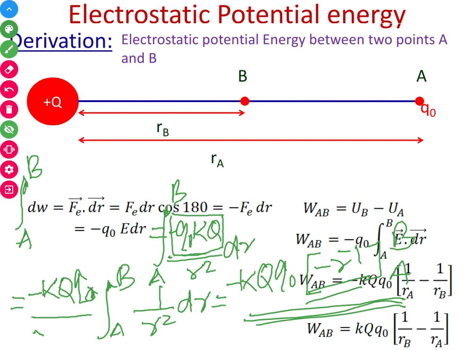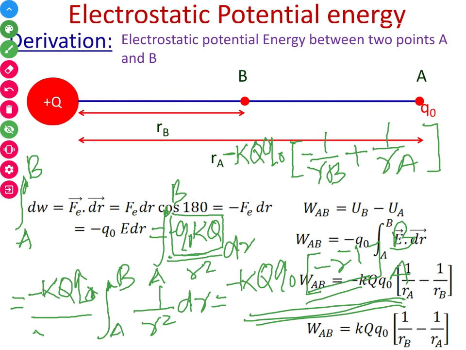The final expression looks like this: KQQ naught, and it becomes minus 1 upon RB plus 1 upon RA, after putting the final limit and the initial limit.